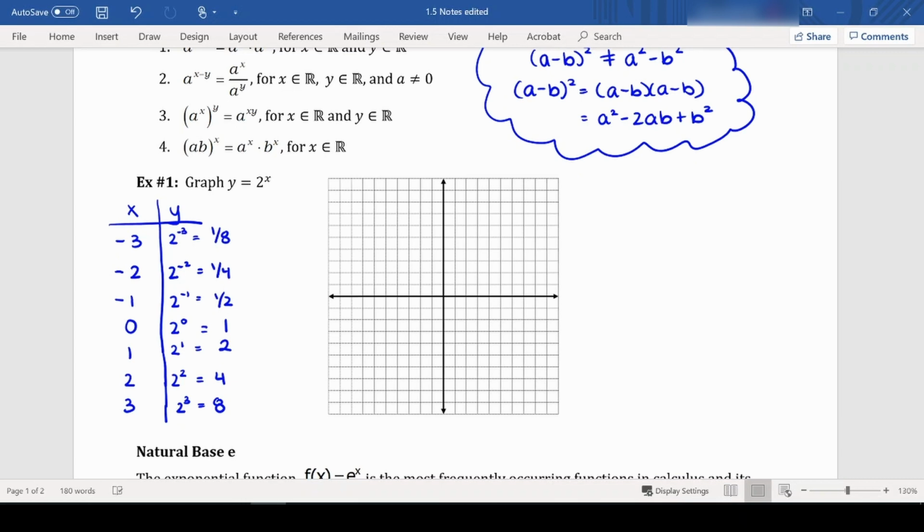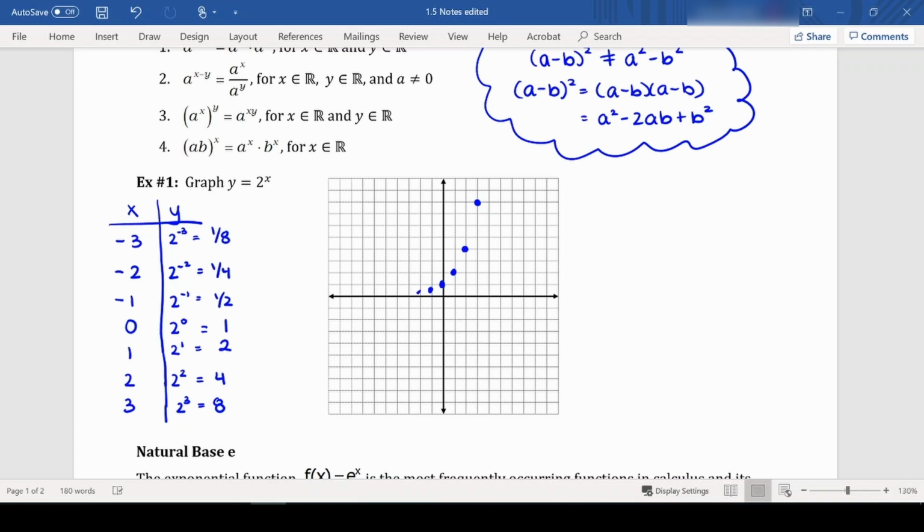If I want to draw this, we can see the easiest point to start at would be 0, 1. And then we also have a point at x is 1, y is 2, x is 2, y is 4, x is 3, y is 8. Maybe a half would be okay, but the other ones are going to be very hard to do.